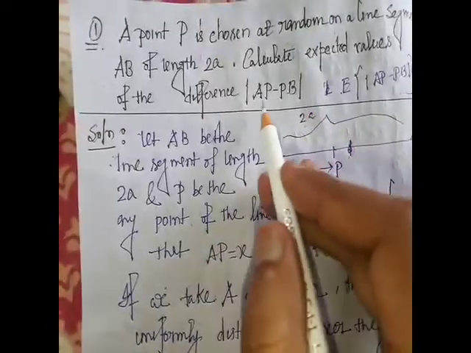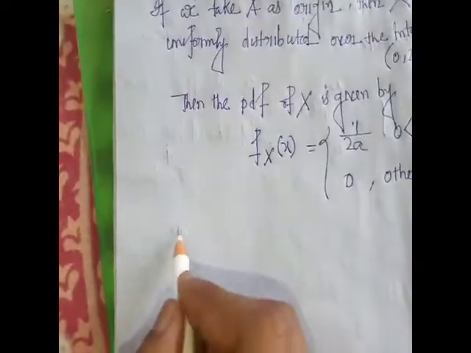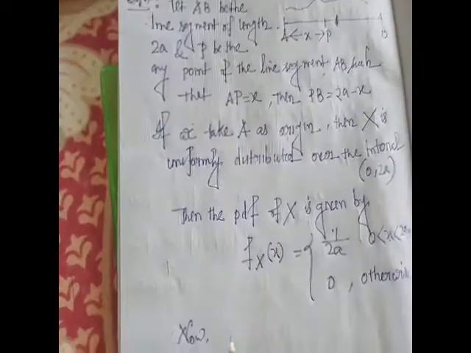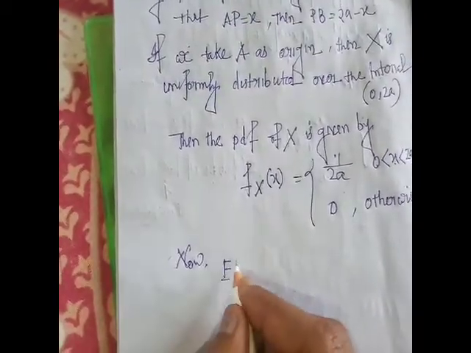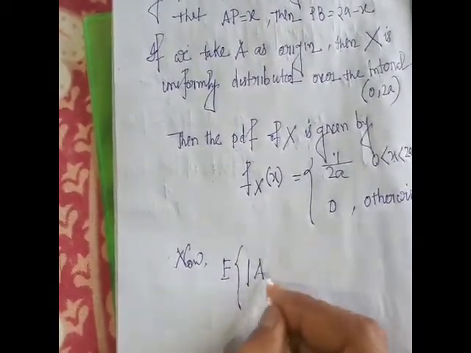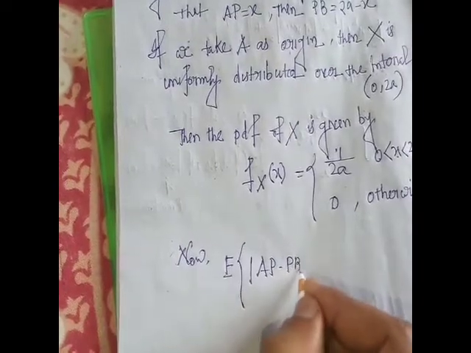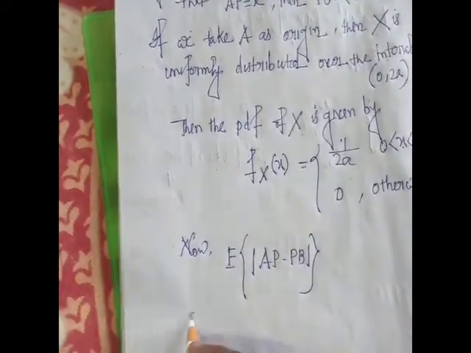We have to find the expectation of mod of AP minus PB.